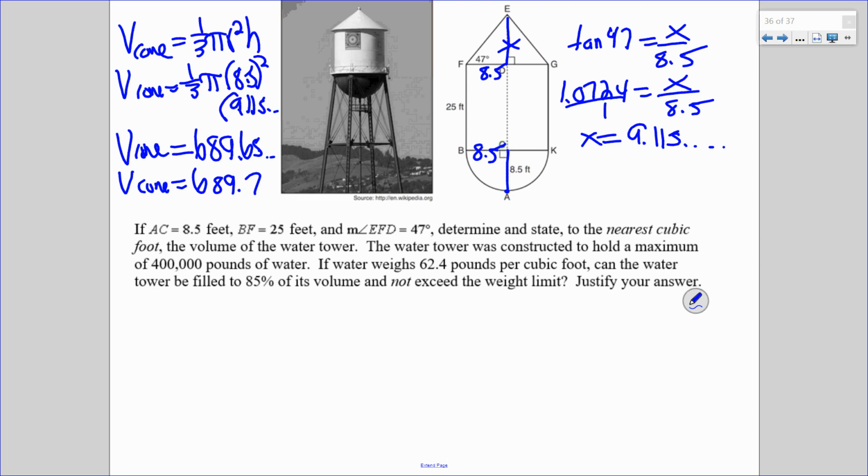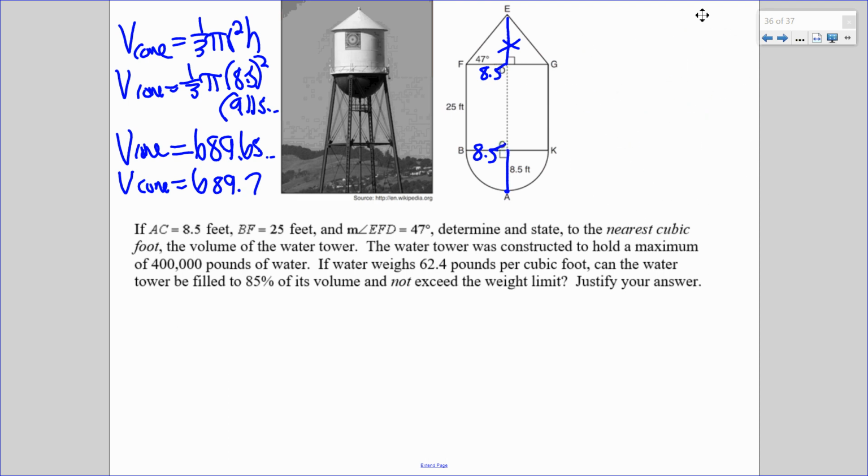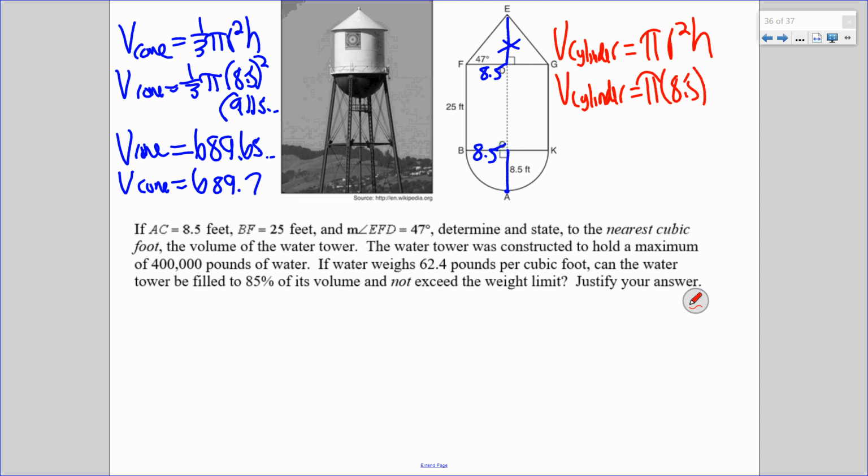Now I got to find the volume of the cylinder. I'm going to erase this SOH CAH TOA over here so I have some space to work. Volume of the cylinder is on the reference sheet. It is pi r squared h. So radius is 8.5. The height of the cylinder is 25.